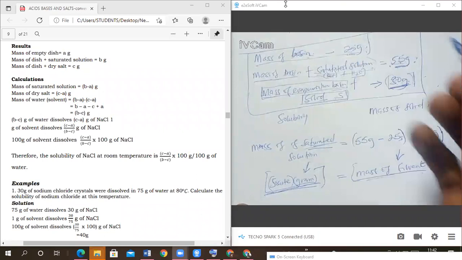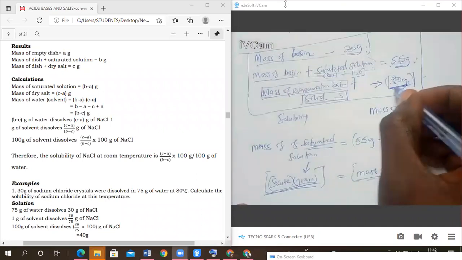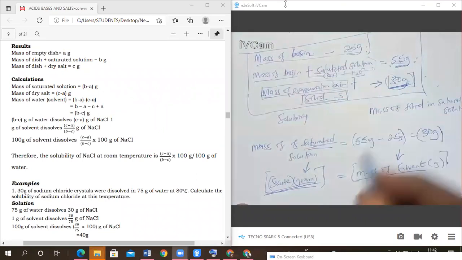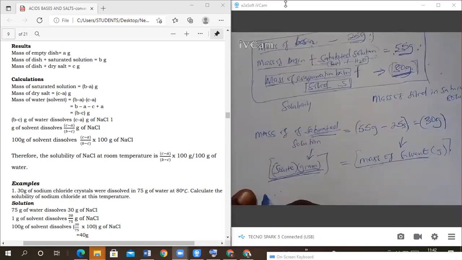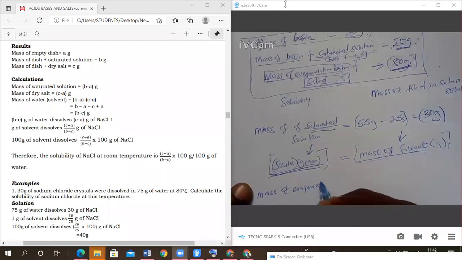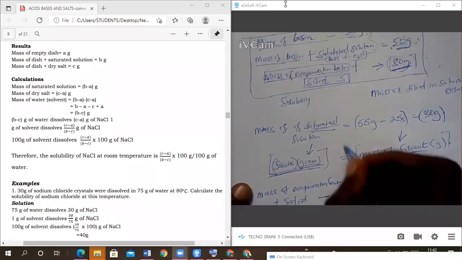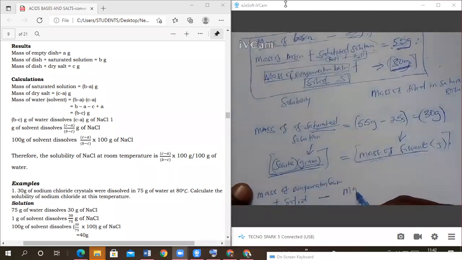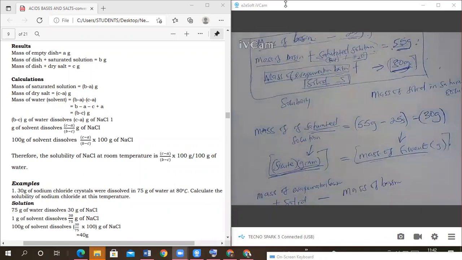So to get the mass of the solid, I will say the mass of the evaporating basin plus the mass of the solid, minus the mass of the basin.